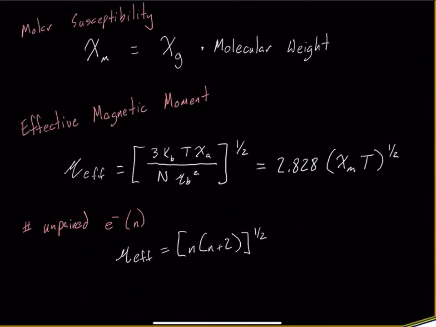We can do some algebraic rearrangement here and end up with the following equation. If we square both sides and then lump all of our terms on the right, we end up with a quadratic equation, which we can solve with the quadratic formula.